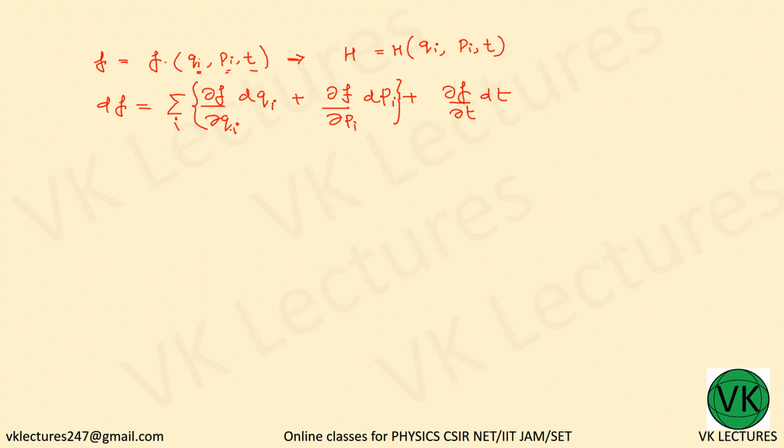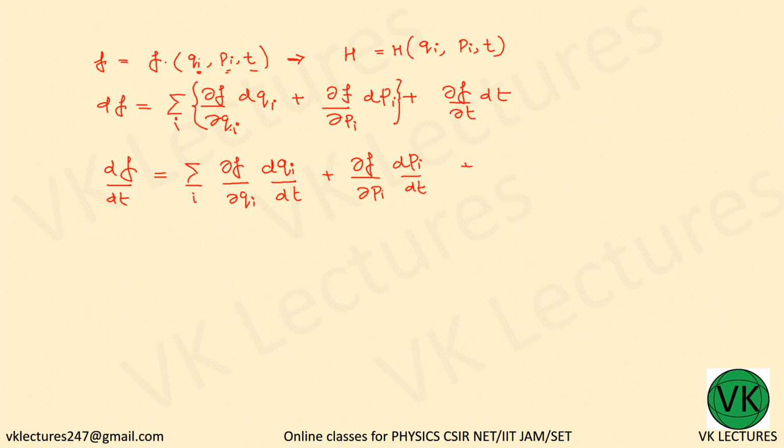Now what about df by dt? We are finding out how the quantity f is changing with respect to time. So now we get the sum over i of ∂f/∂qi dqi/dt plus ∂f/∂pi into dpi/dt plus ∂f/∂t.